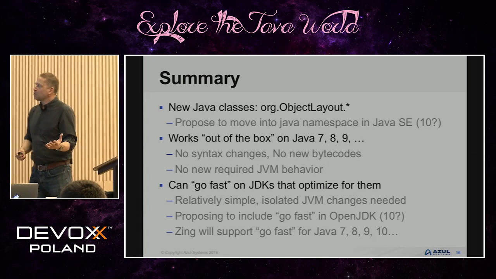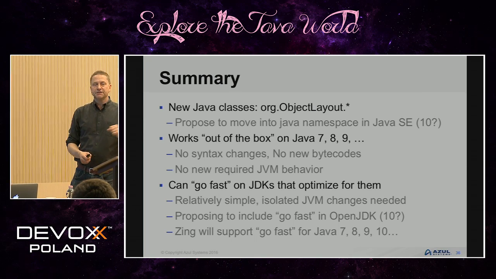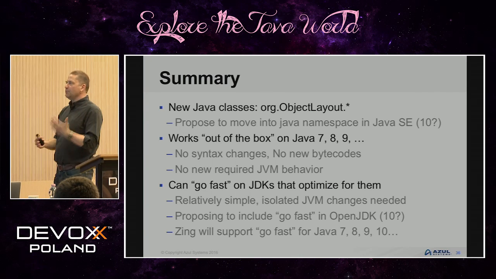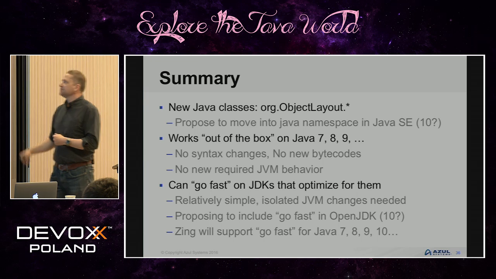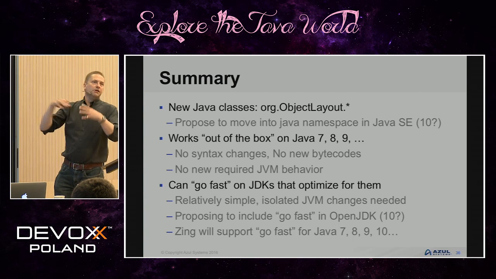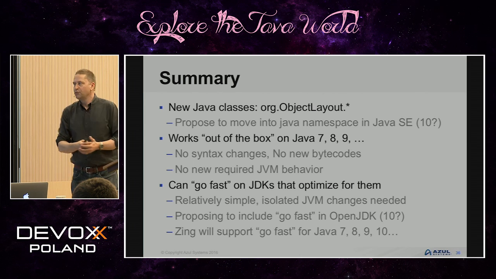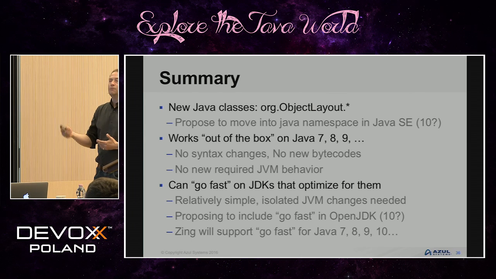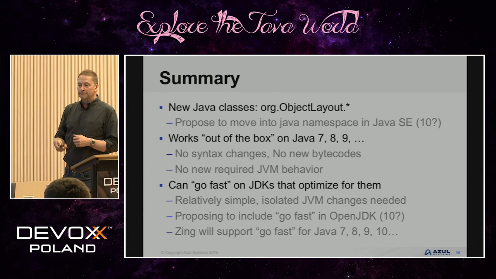You can use it out of the box, no syntax changes, no changes required to the virtual machine, although obviously to improve performance, changing the VM will allow you to do that. Relatively simple, relatively isolated. As we've already proved with our proof of concept implementation, it does work. We can make it go faster, so there's benefits there.